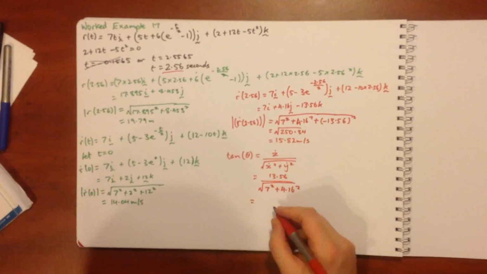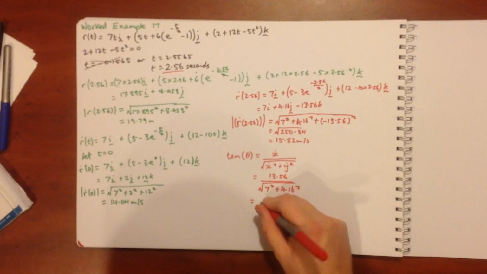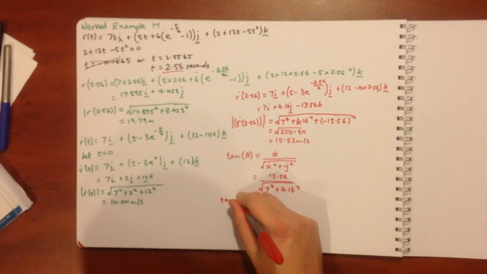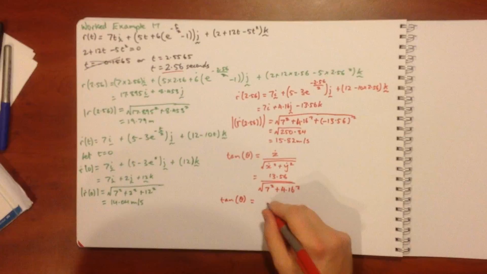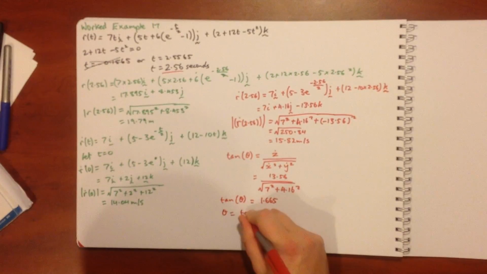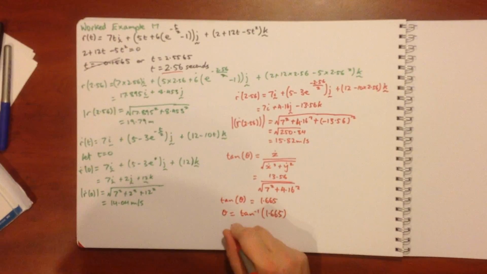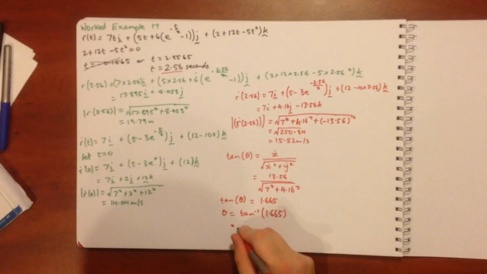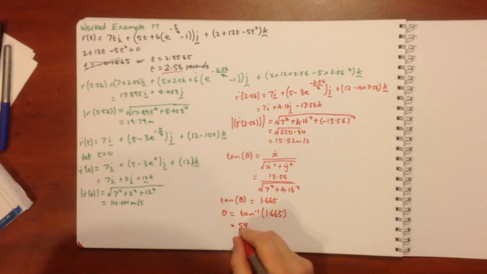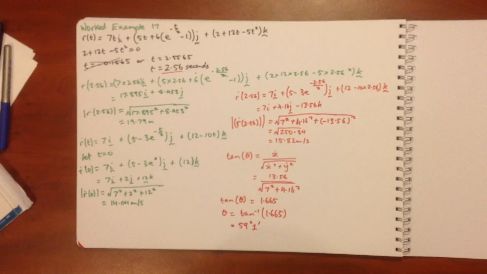Then we've got to do our inverse tan. So tan of theta equals 1.665, so theta equals inverse tan of 1.665, which gives us a value of 59 degrees 1 second. I'm not sure why they did it in minutes and seconds, but they did.